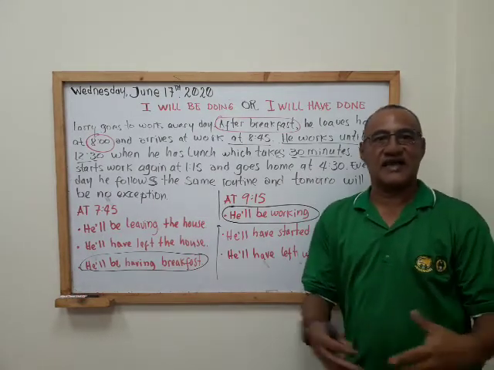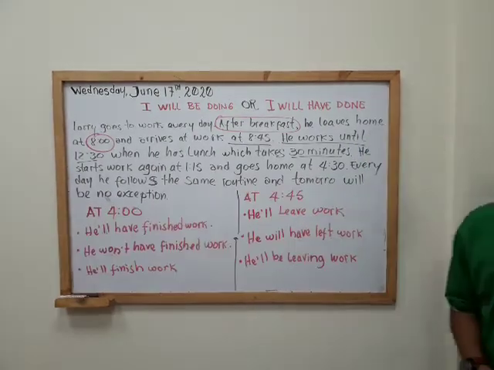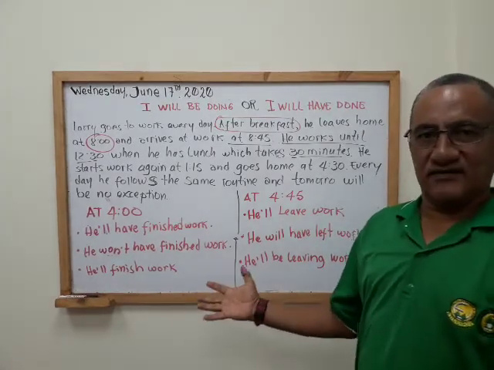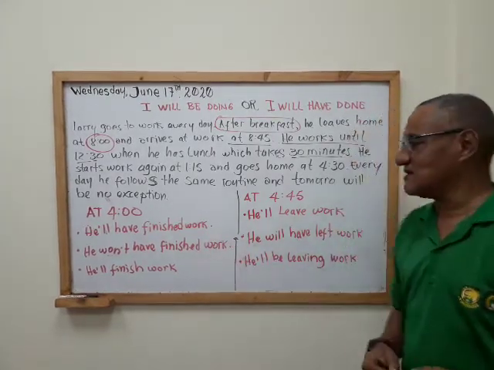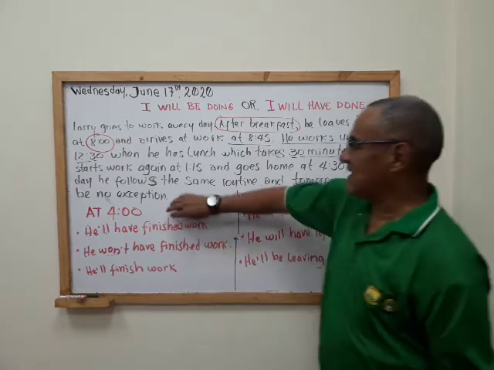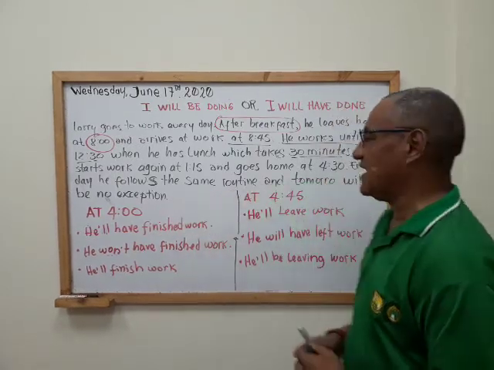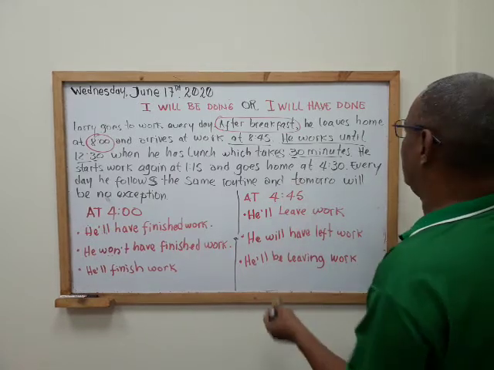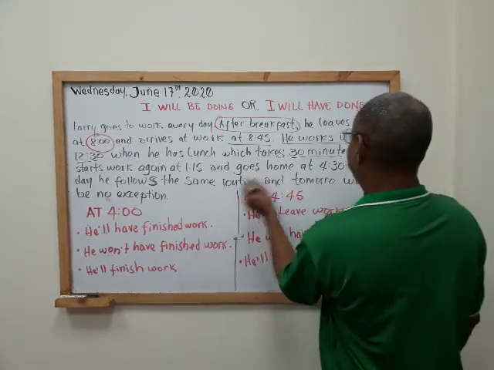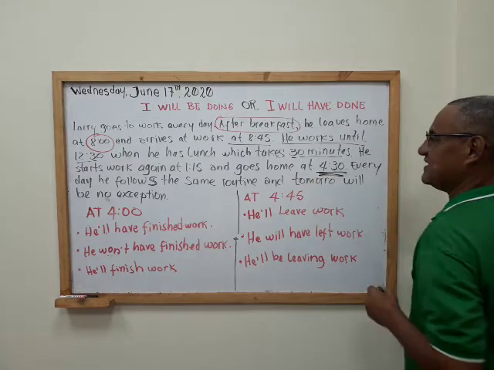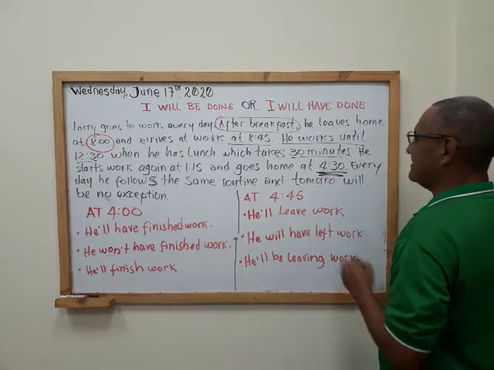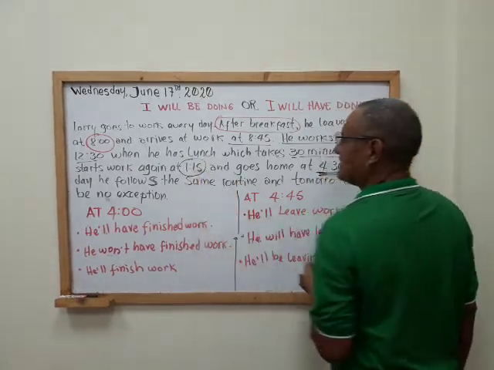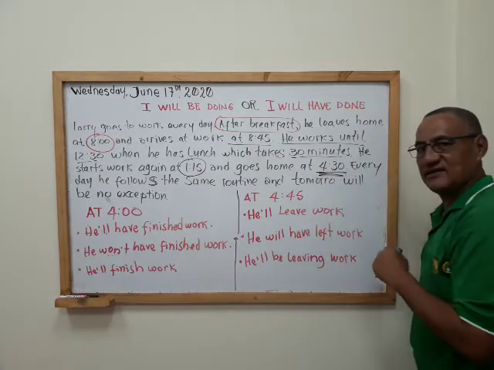Okay, let's analyze two more, please. Okay, now we have two more situations. Then look at this, at 4 p.m. Then if we analyze this, he starts working from 1:15 until 4:30 in the afternoon.